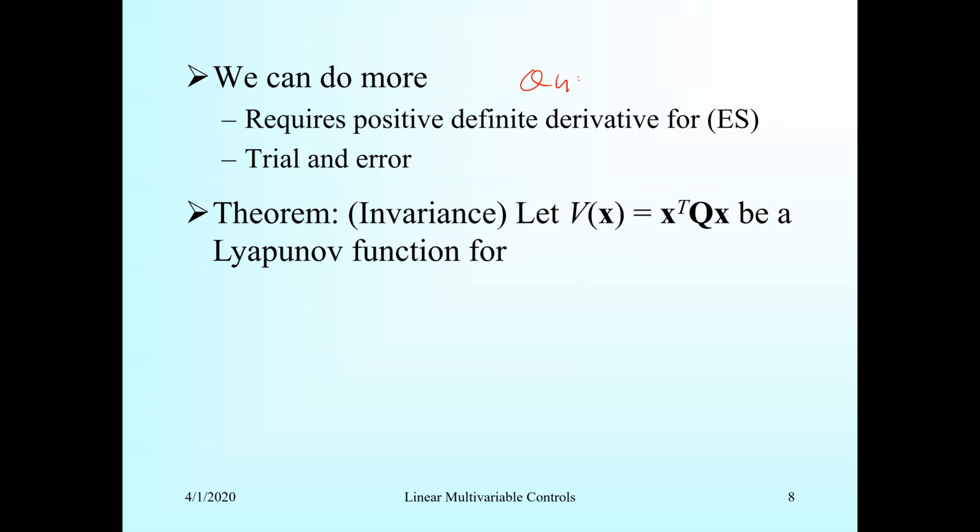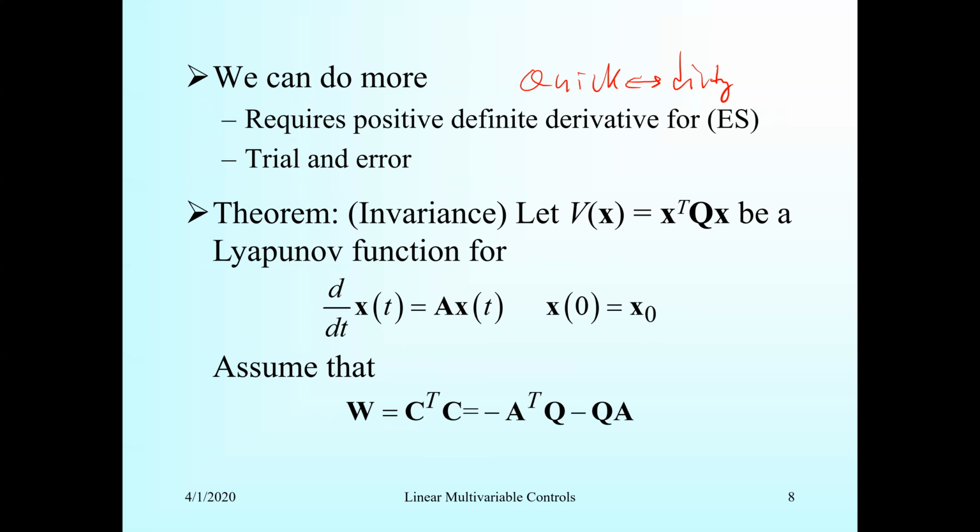People may say quick, but unfortunately it's dirty. Quick and dirty method. But here I'm going to tell you it's not necessarily true. So I have a theorem saying that I have this one.